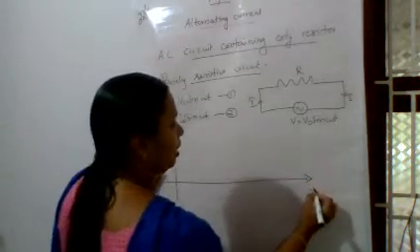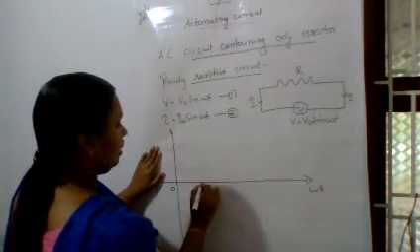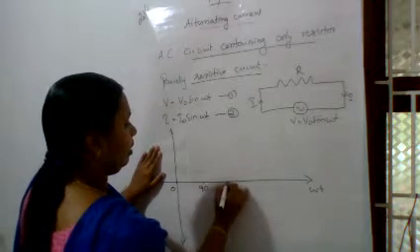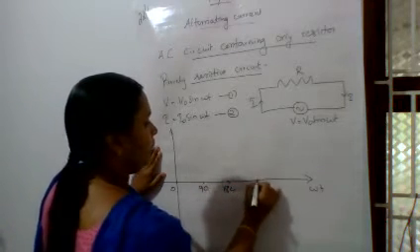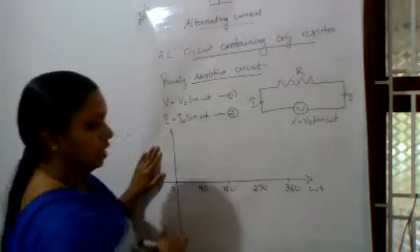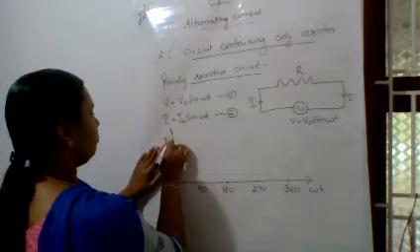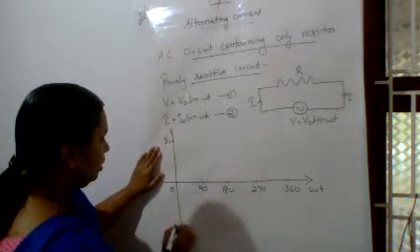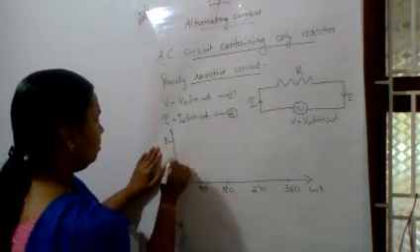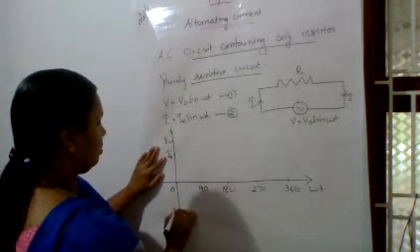Here it is omega t, so the values come 0, 90, 180, 270, 360. We can go for one cycle. Here this is E0 and here it is minus E0, and I0, minus I0.